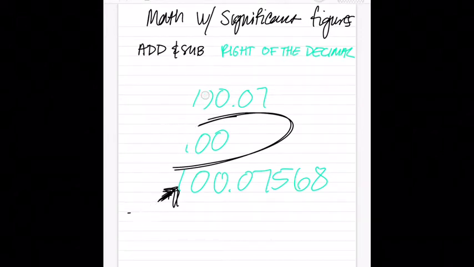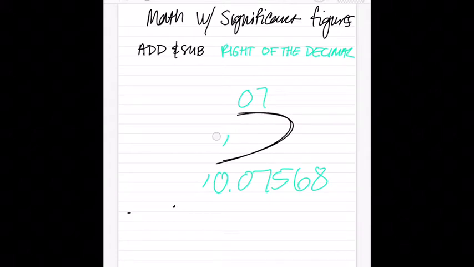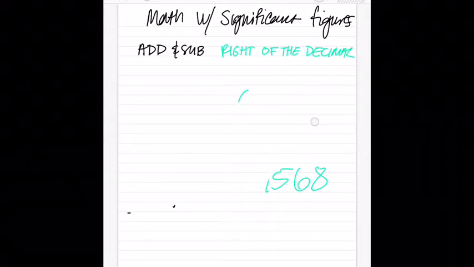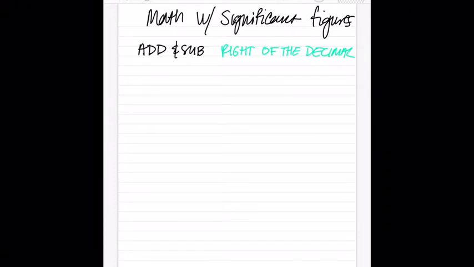So anyway, let's go on to how to do math with significant figures. So, example: 45.01 plus 0.00214 plus 5.0124.